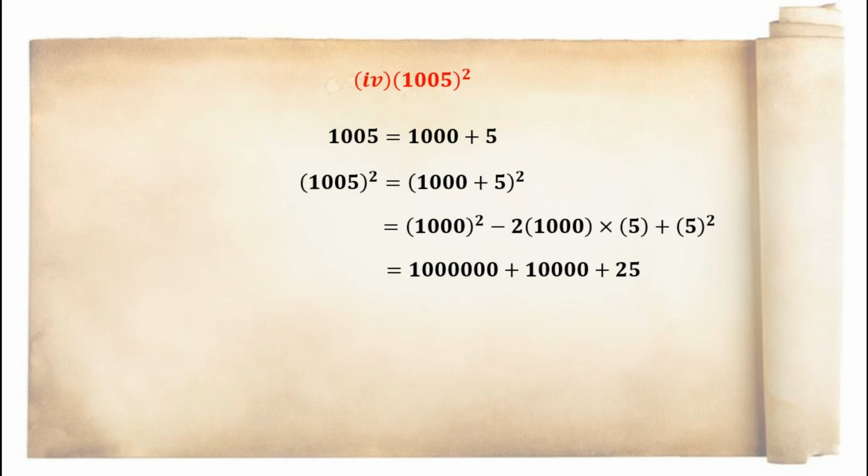And 5 raised to 2 will be 25. So you will see here 10 lakhs, 10,000 and 25. So 1005 raised to 2 is equal to 10 lakhs, 10,000 and 25.